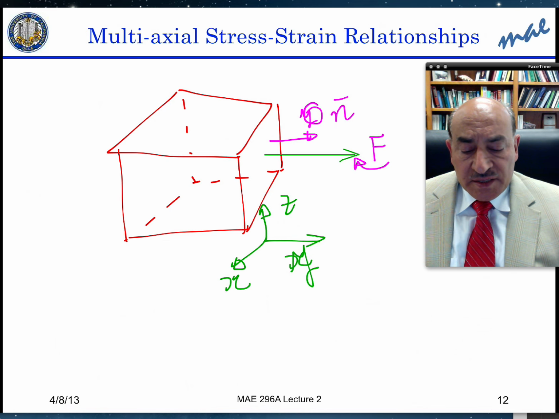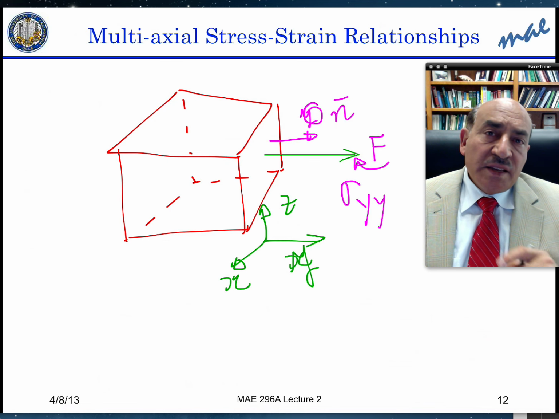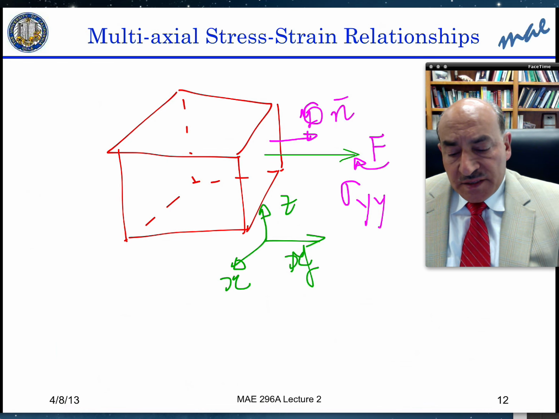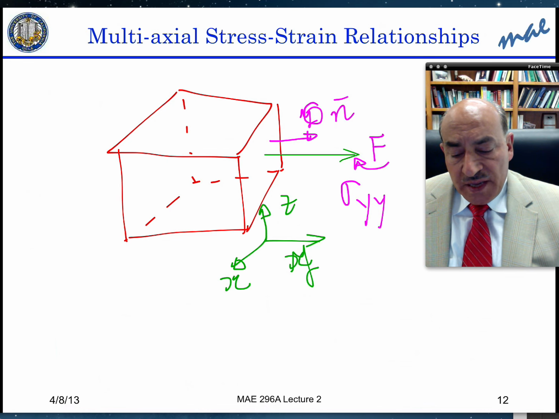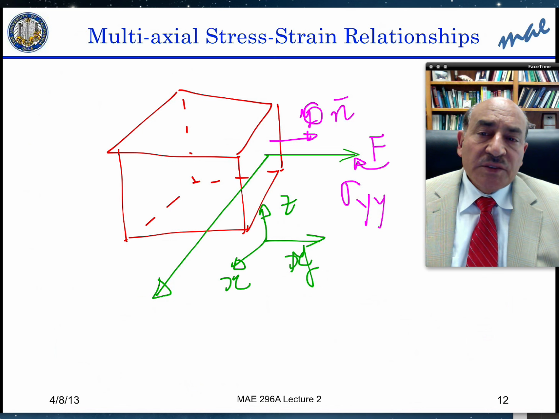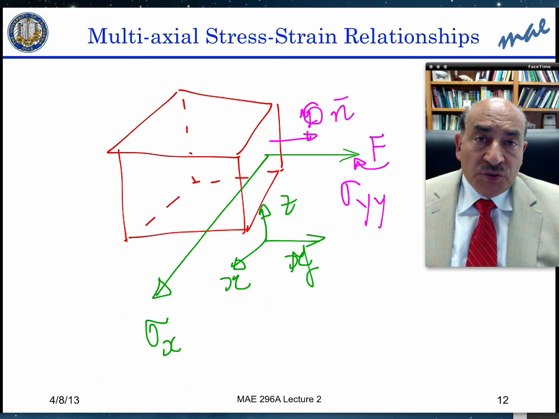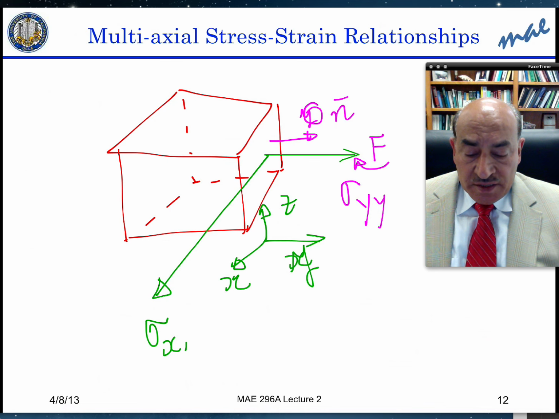Therefore, if I write the stress here, it will be sigma yy, where the first y is the direction of the force, and the second y is the direction of the normal vector to the plane. Now if I have, on the same face, a force going in the x direction, then the stress associated with that will be sigma in the x direction, but the normal to the plane is still in the y direction.